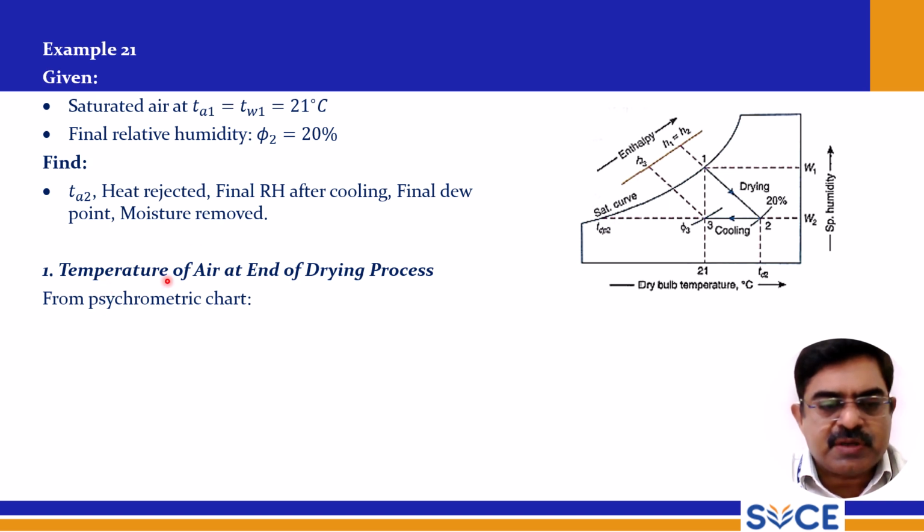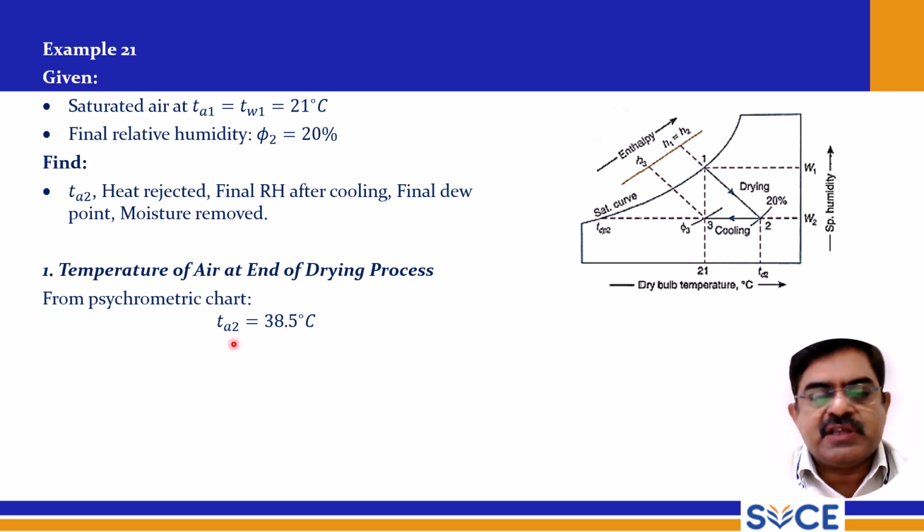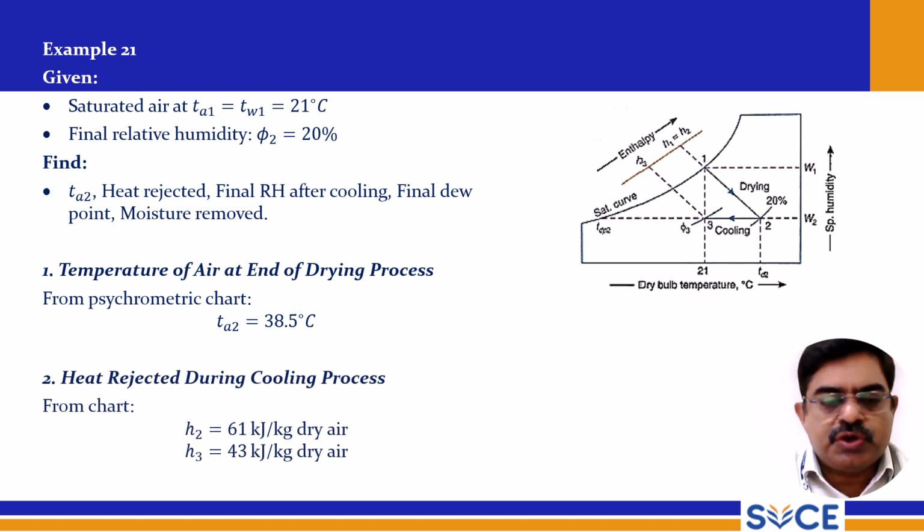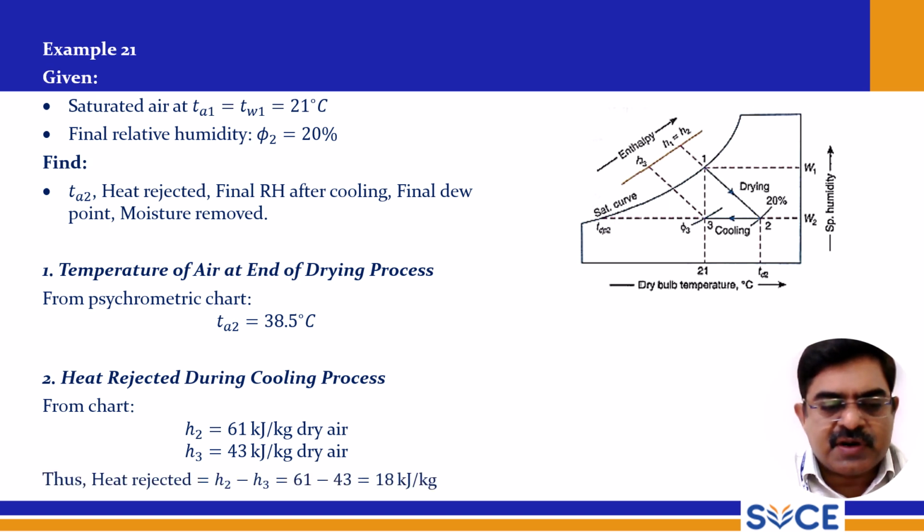The first one is the temperature of air at the end of the drying process. From the psychrometric chart we can see Ta2 equal to 38.5. For the heat rejected during the cooling process, H2 equals 61 kilojoules per kg of dry air and H3 equals 43 kilojoules per kg of dry air. Heat rejected is H2 minus H3, 61 minus 43, that is 18 kilojoules per kg.